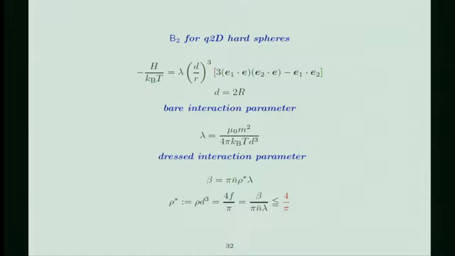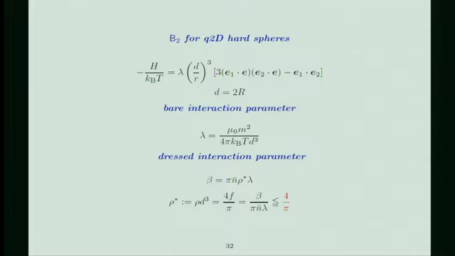We treat lambda as a free parameter, and then we imagine a target value of beta for which some interesting behavior takes place, and once this is done, we express rho star via this relationship, beta over pi times lambda, and we make sure that this is less than 4 over pi.